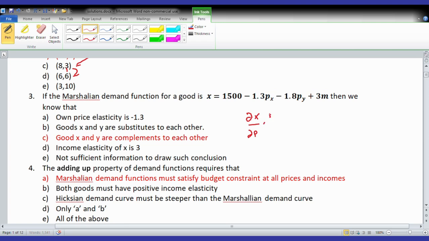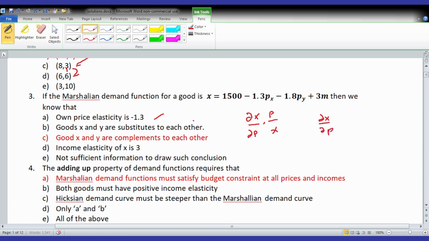So this is the own price elasticity formula, and if we look into the first option, this is only dx by dp, so this cannot be the own price elasticity.